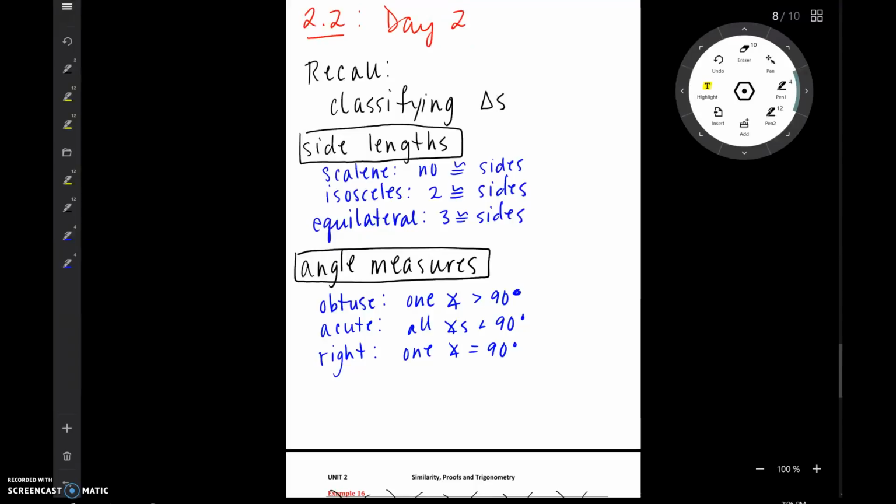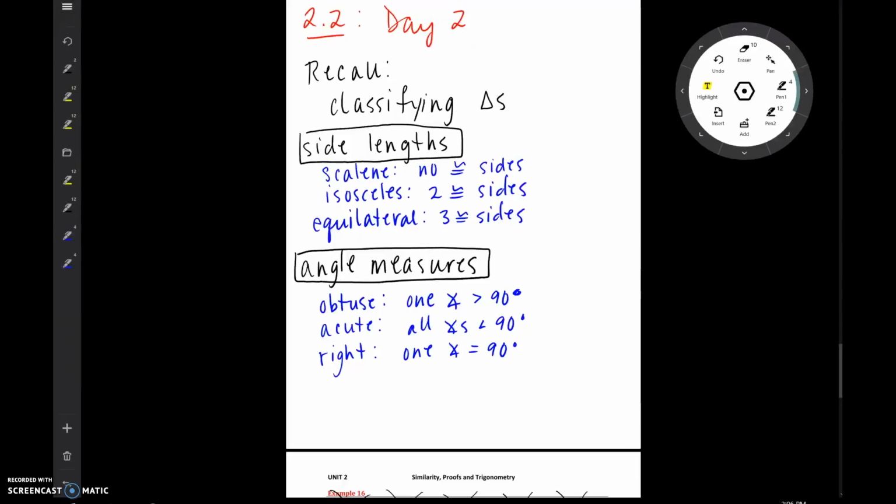An obtuse triangle is a triangle that has one angle measure that's greater than 90 degrees. An acute triangle is a triangle that has all 3 angle measures less than 90 degrees. And a right triangle, these are what we've been studying, is a triangle where one angle is equal to 90 degrees.